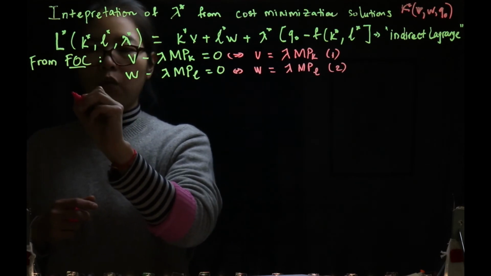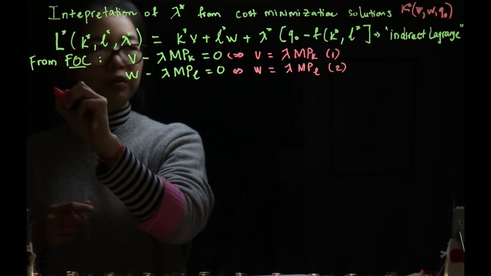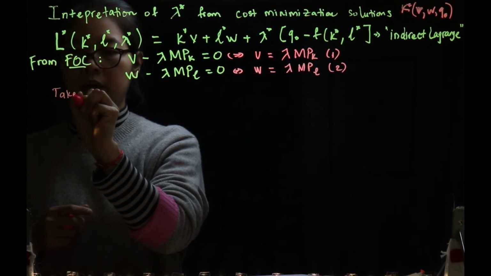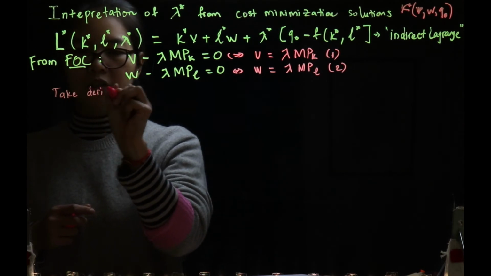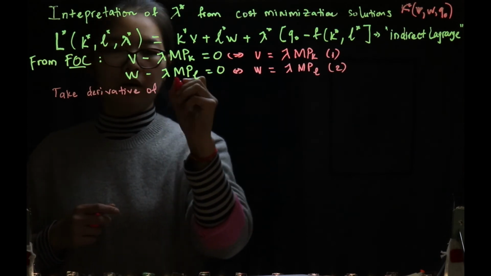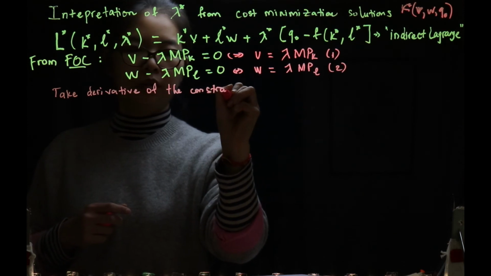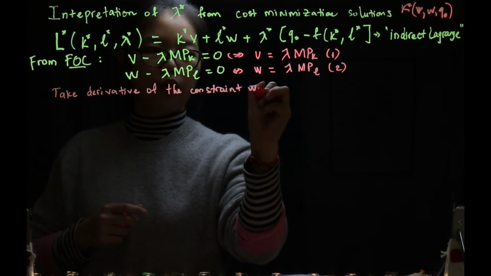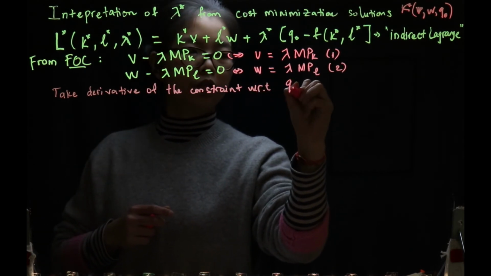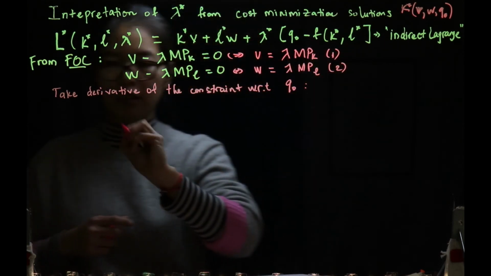Now, one thing I would like you to know before: we first take the derivative of the constraint with respect to Q0. This is the constraint now.